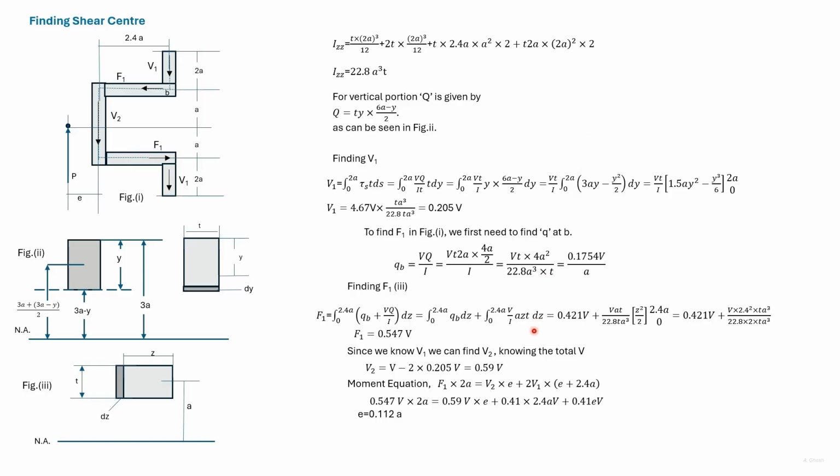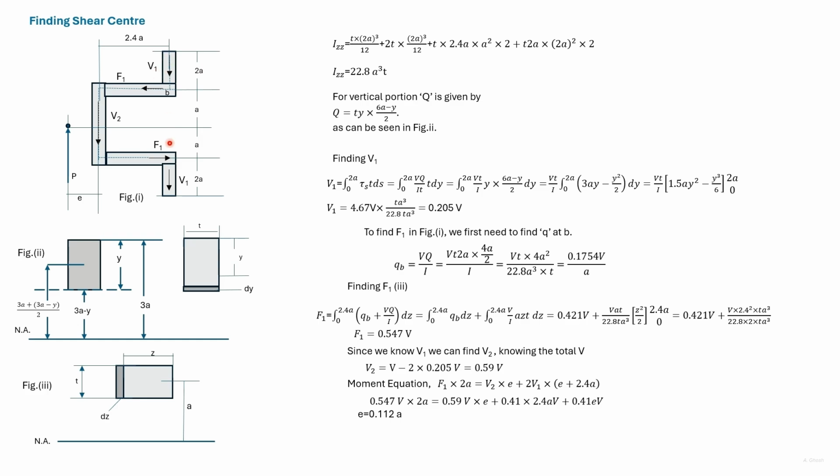Here we integrate Z dz to get Z square divided by 2. And here we have substituted 2.4a for Z. Adding up, we get F1.